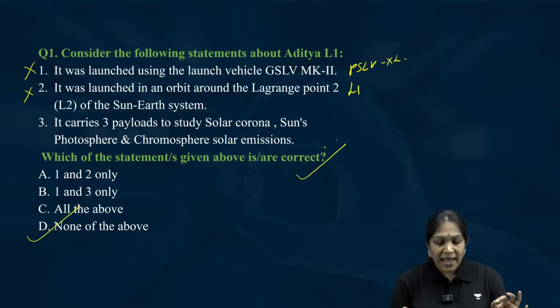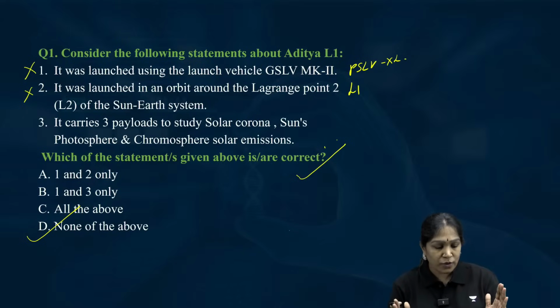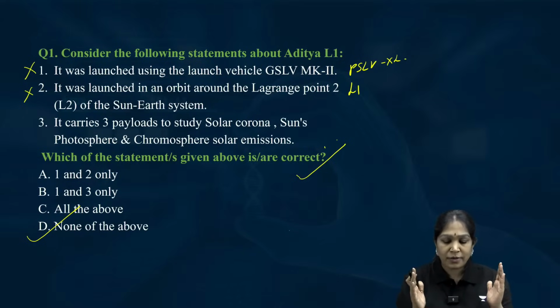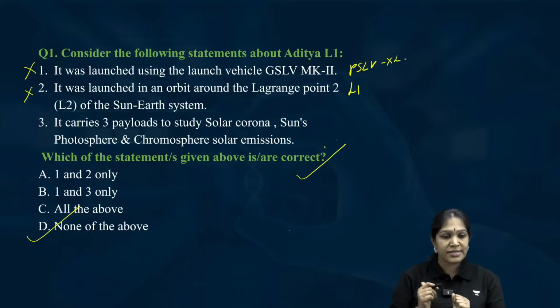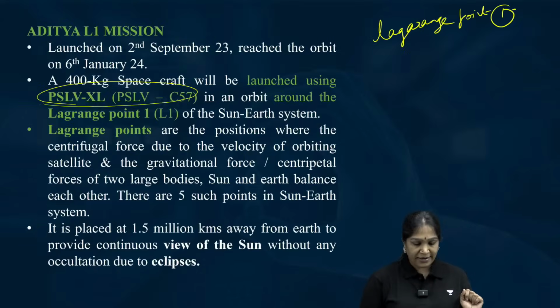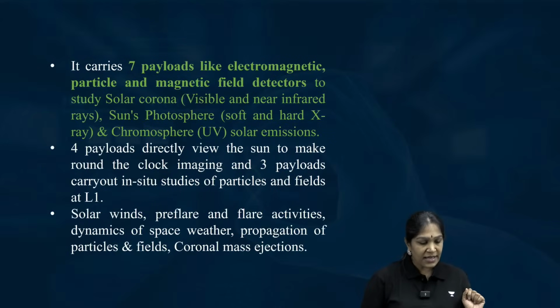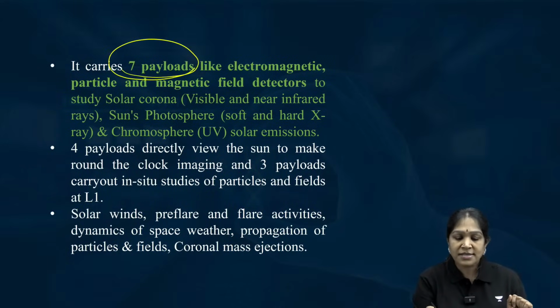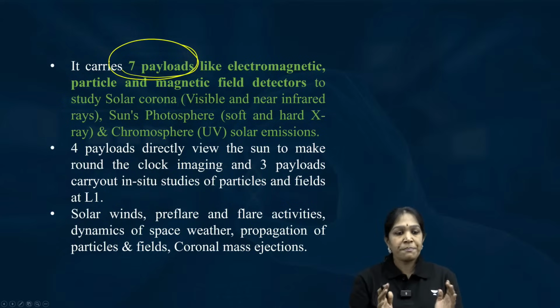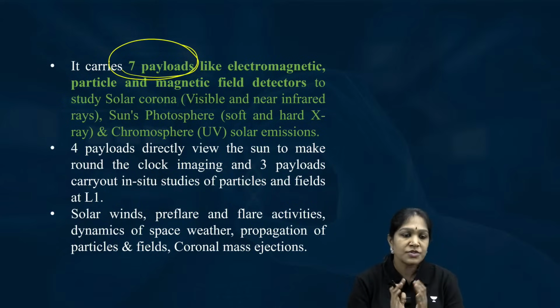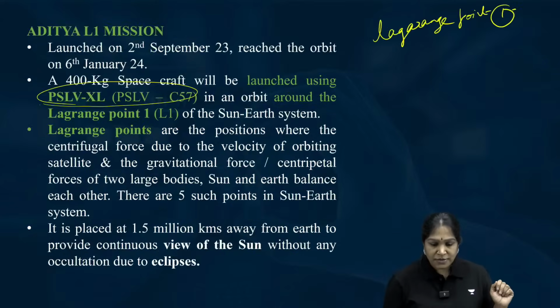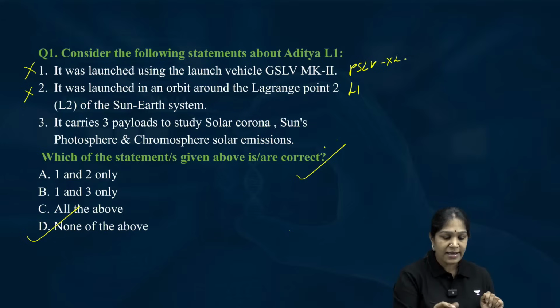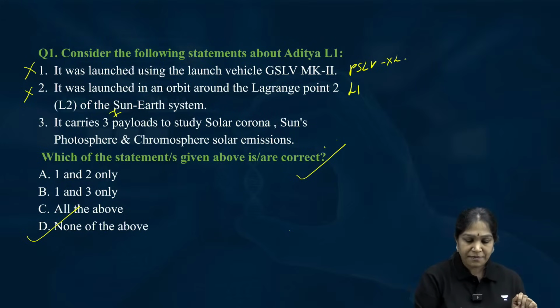It carries 3 payloads to study the solar corona, the Sun's photosphere, chromosphere, other solar emissions, etc. Let us check this. It is not 3 payloads; a total of 7 payloads are used to study the Sun. So this is not 3, rather it is 7. So this statement is also wrong.